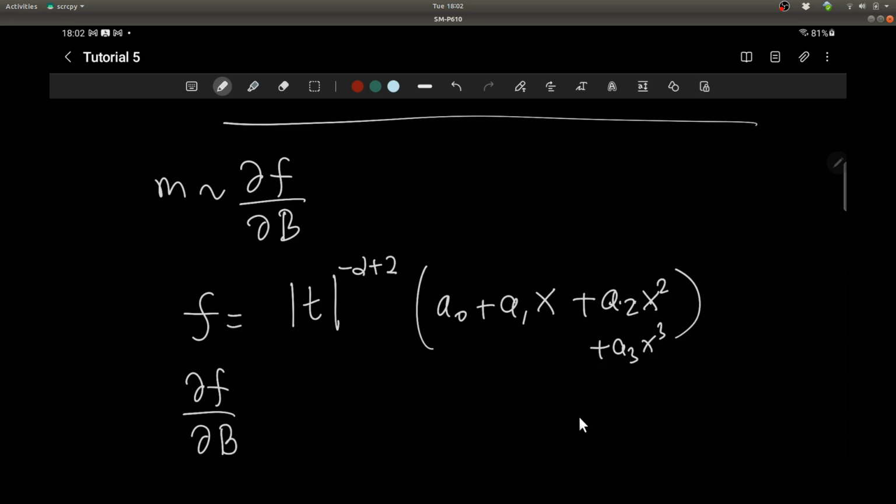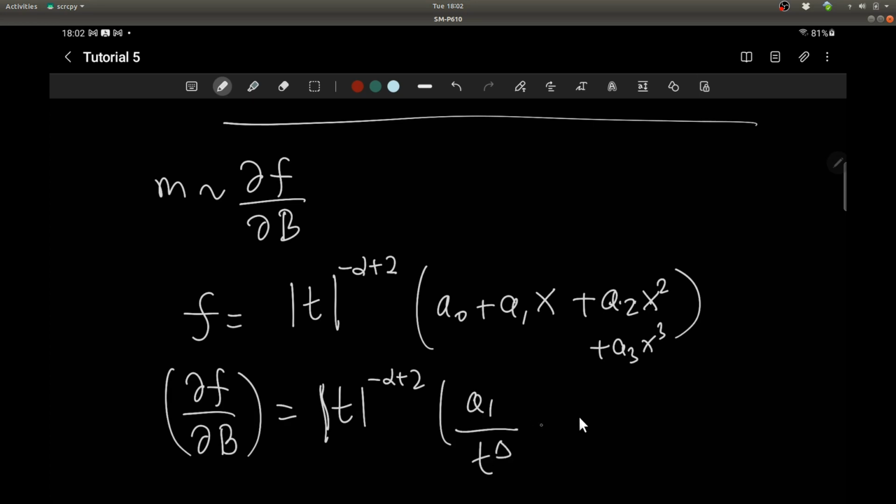So you have to compute df by db, and so this will be equal to b square by, sorry, I have to take derivatives.